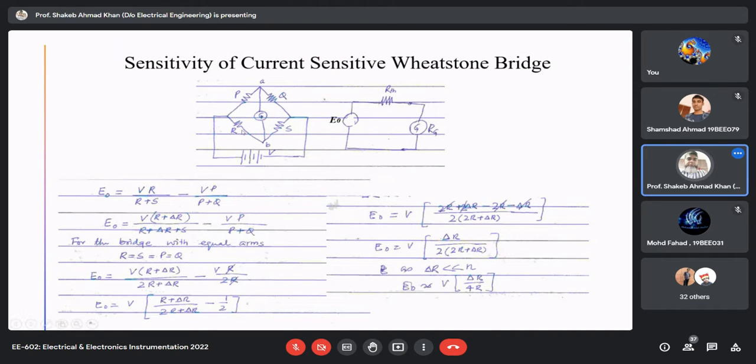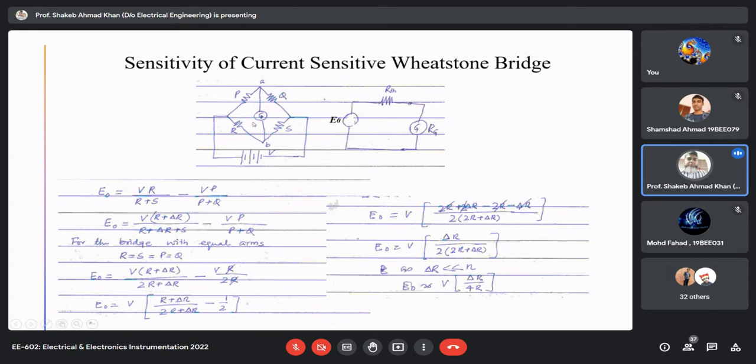So in response to the unbalance, again the procedure remains the same. As I told you, deflection mode is generally used when we are using the Wheatstone bridge for sensor resistance measurement. So in this case, initially the bridge is balanced.